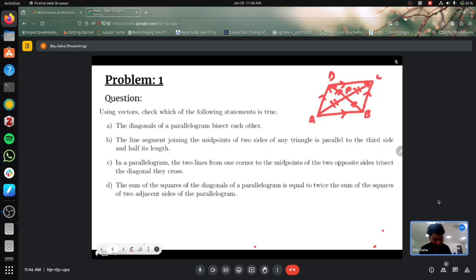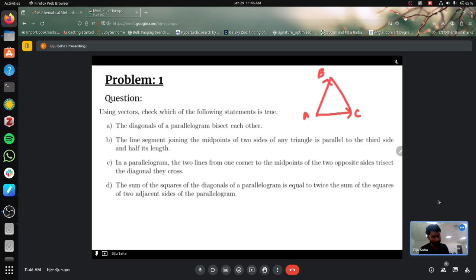The next statement is with respect to a triangle. Let me denote the edges vectorially as AB and AC. We have to prove that the line segment joining the midpoints of two sides of the triangle, say AB and CB, whose midpoints are P and Q, is parallel to the third side.